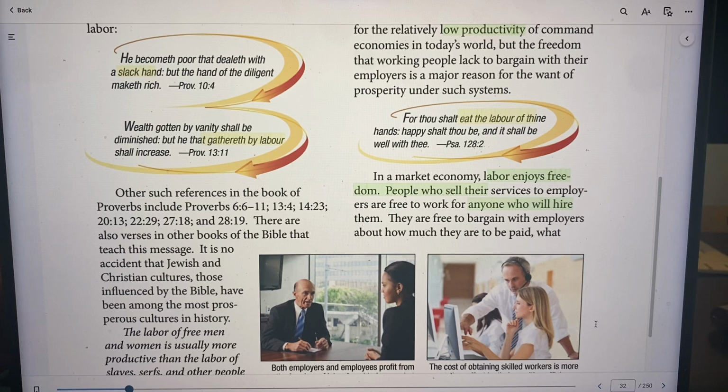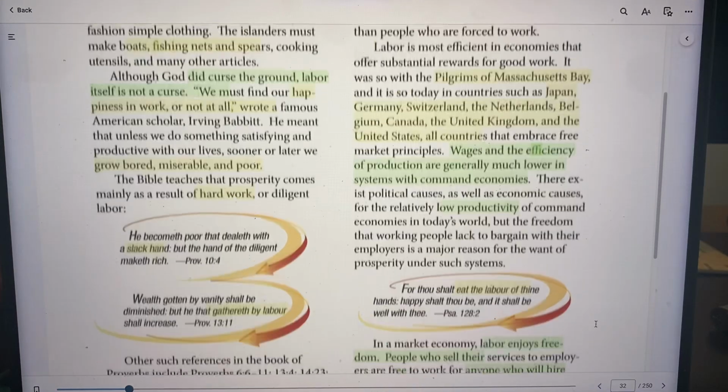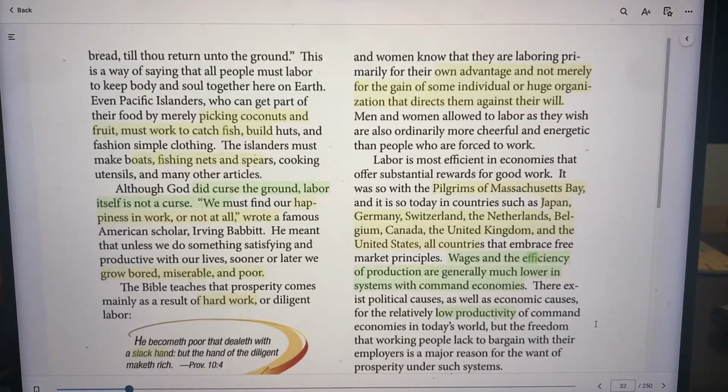When you have a country where the people are free and they're doing the labor because they want to, you're going to have a different attitude, and you're going to have more production, and they're more energetic to work than those that are made to work, such as slaves and serfs. They're not working for themselves, or they're not working for God in any way.